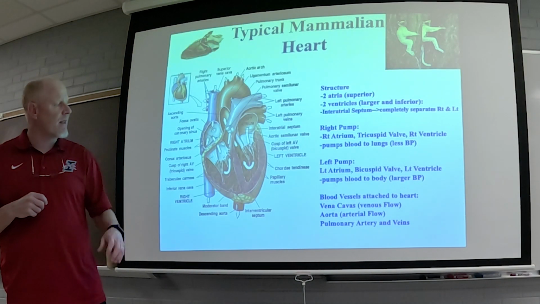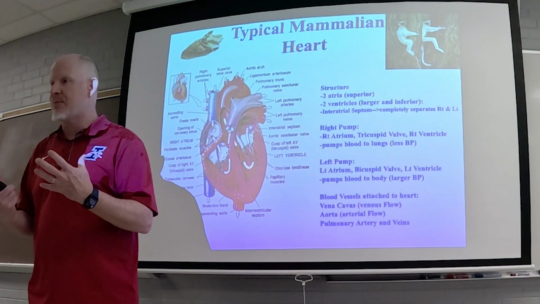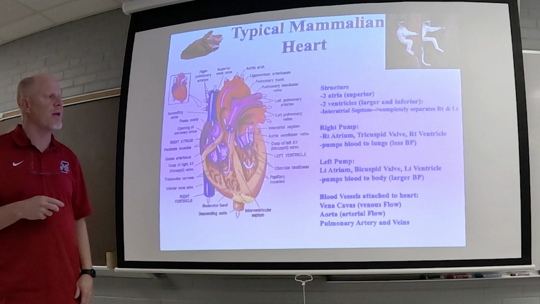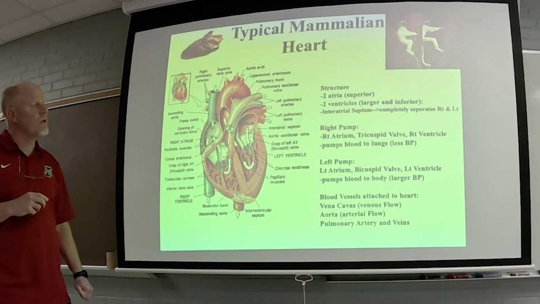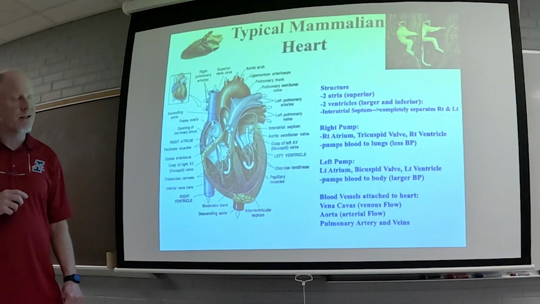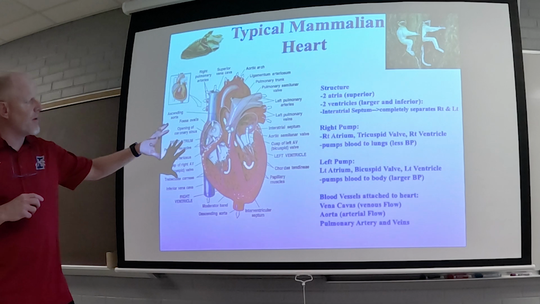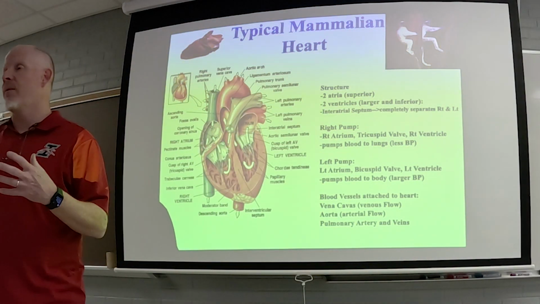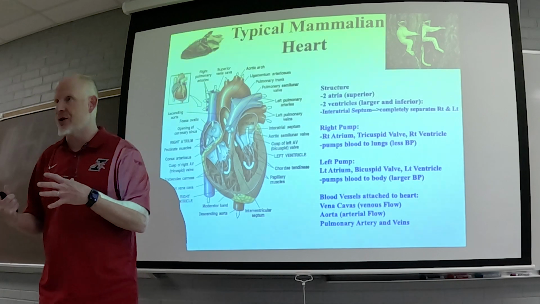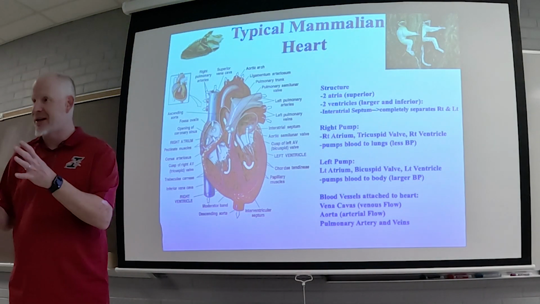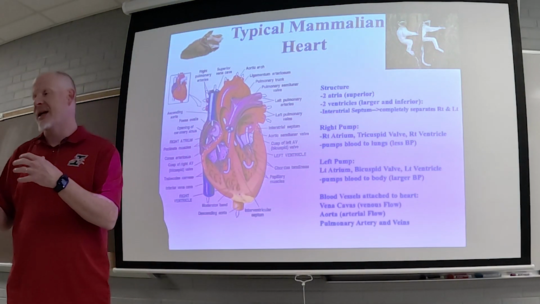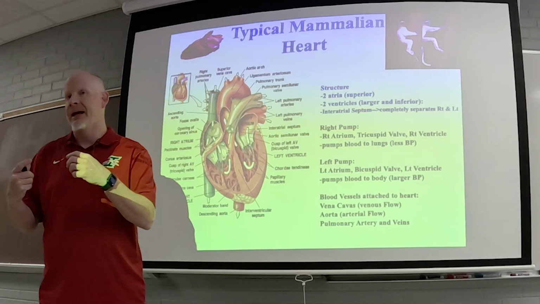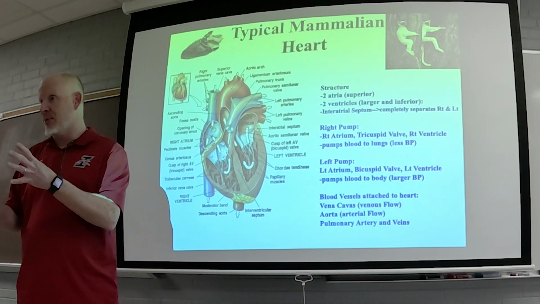And so we squeeze on that fluid, that produces hydrostatic pressure, blood pressure, and that's what forces blood through our closed circulatory system. And I put a mammal heart up here. I'll also show you a different extreme. I'll show you a fish heart here in a little while, so you can see the differences between what we would consider an ancestral or basal heart, or a simpler heart.